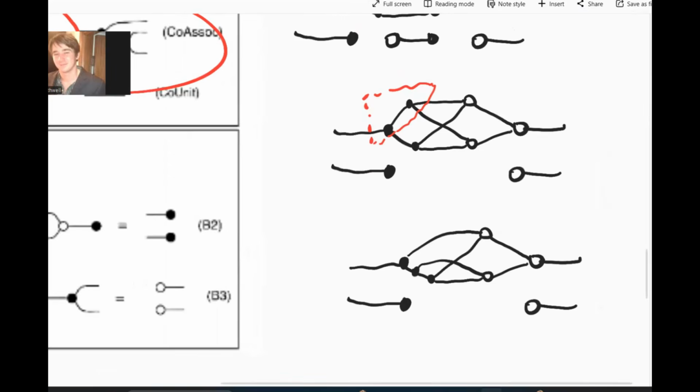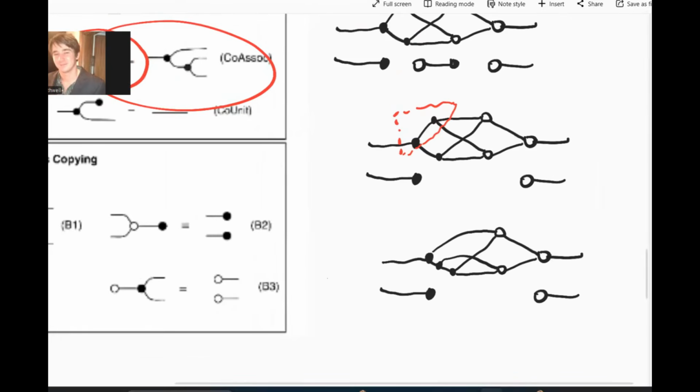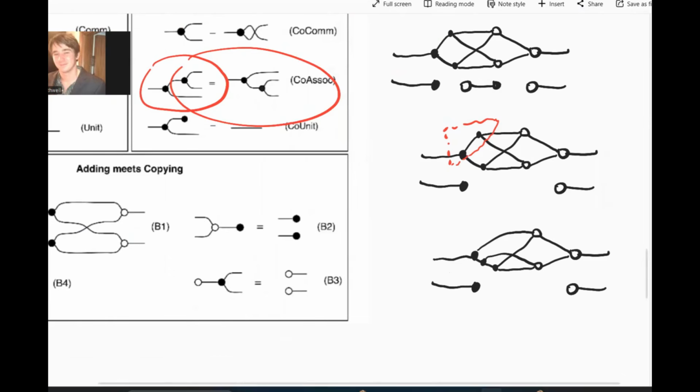And so the way I think about this is I look at this picture here and then I think about this leg here.